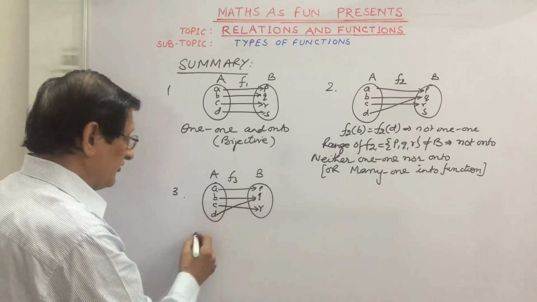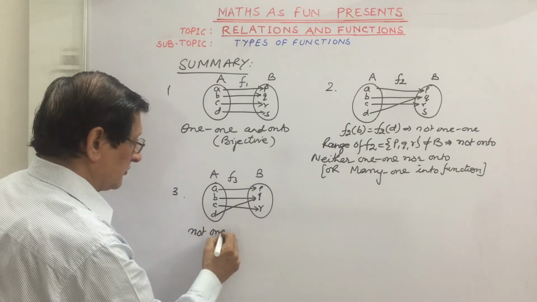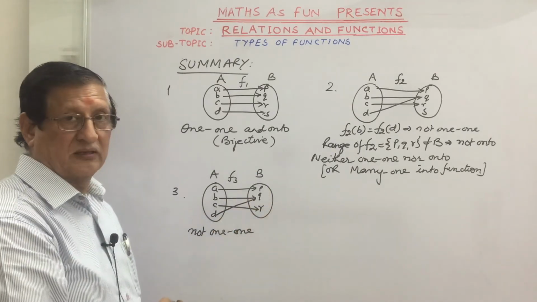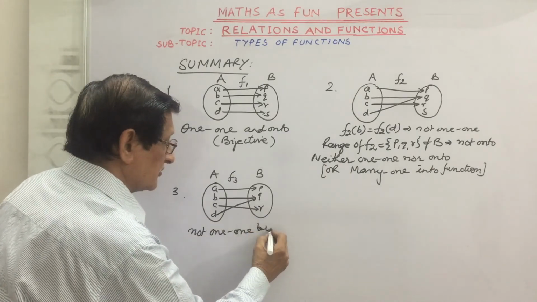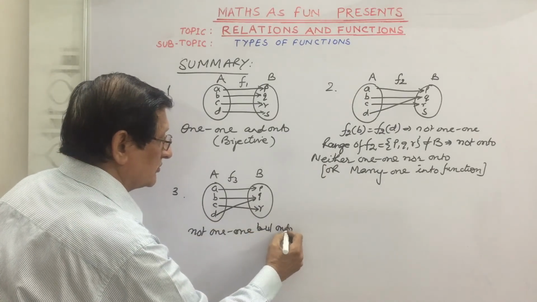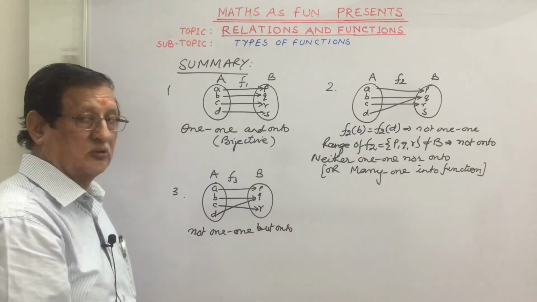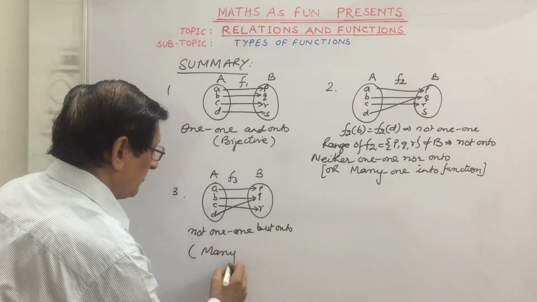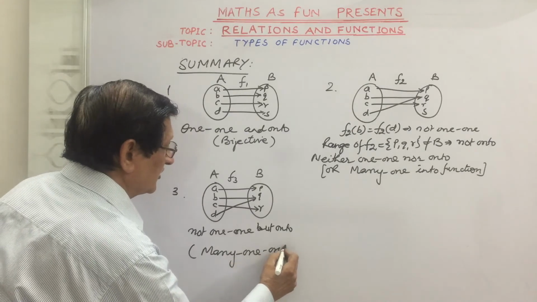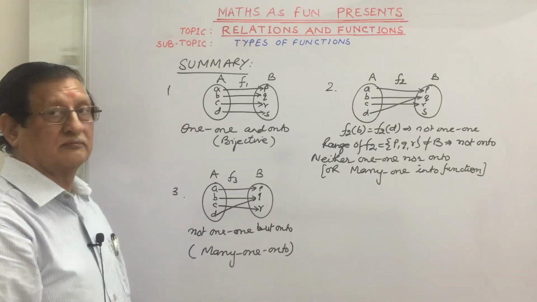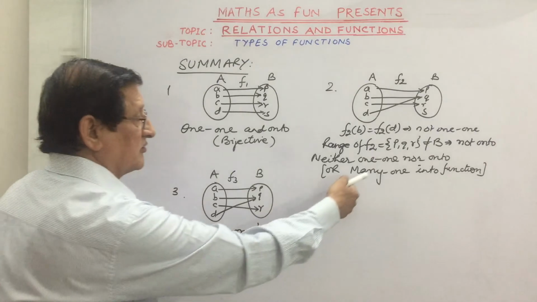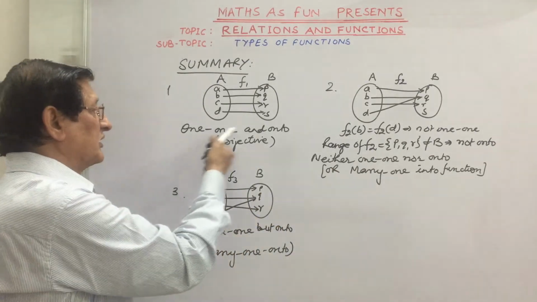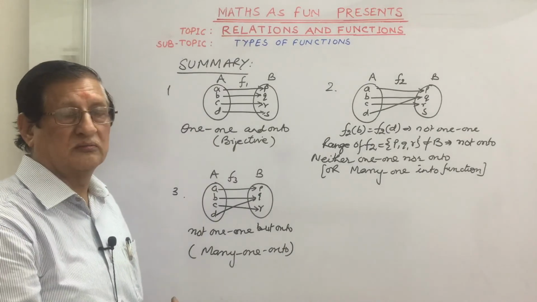So it is not one-one. But since the range is equal to B, we say it is onto function. It is not one-one, but it is onto. And we can also say it is many-one onto function. We have taken the example of many-one into, many-one onto, and one-one and onto.